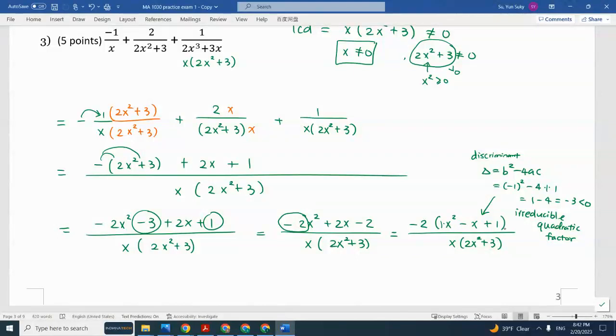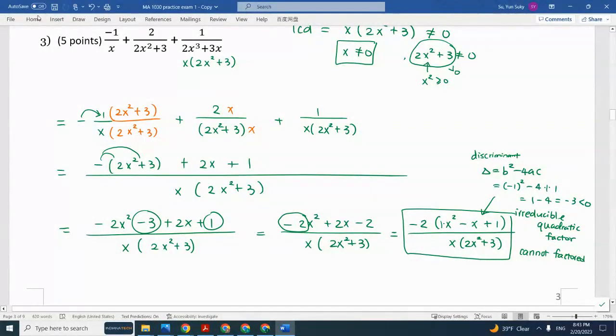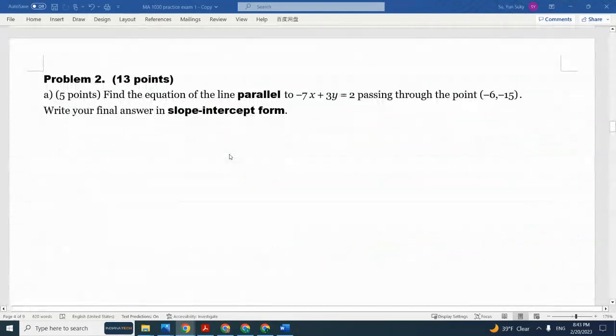So which means we cannot factor further. Okay, so therefore this is the final answer. And this is problem 3. If you can understand 3, could you type 3 in the chat? Good. Okay, we keep going.